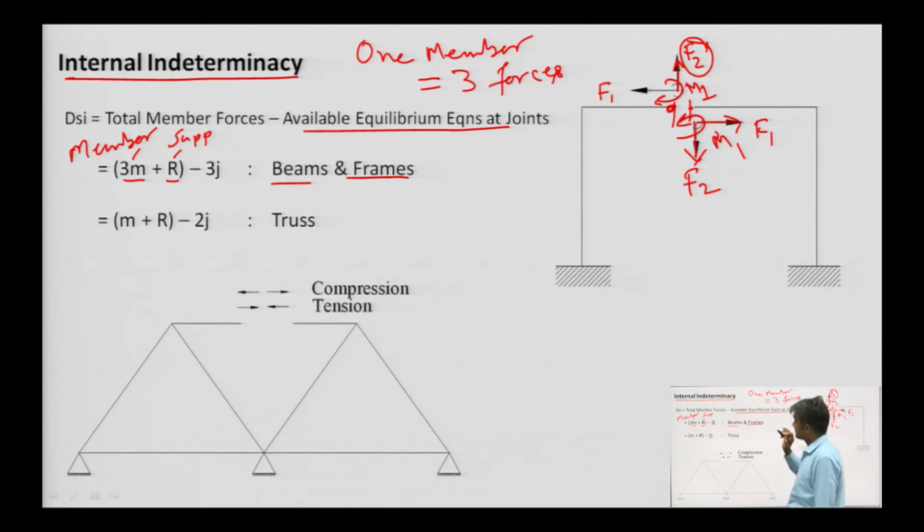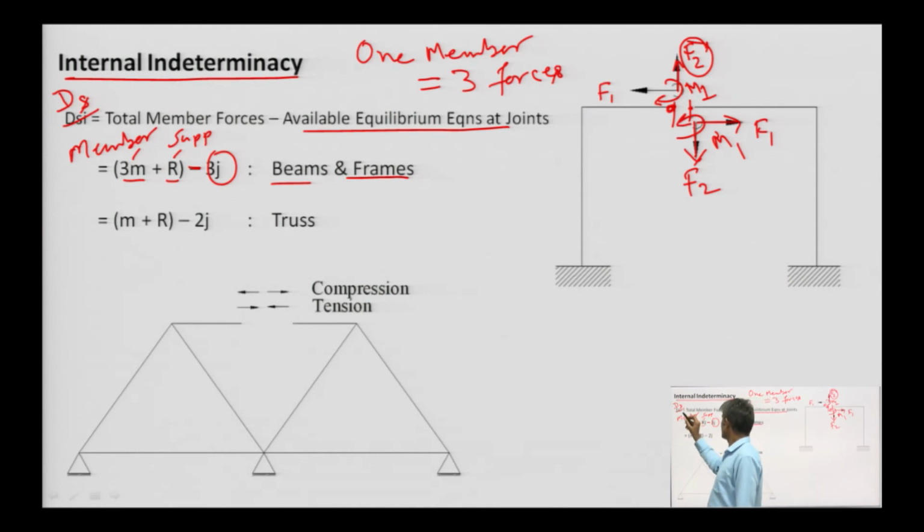Actually that is not DSI, this is total DS. So, it is 3m plus R minus 3j, where 3j is the total equilibrium equations. So, this is the expression for total static indeterminacy.